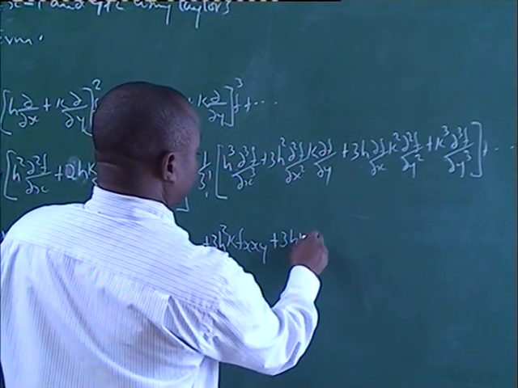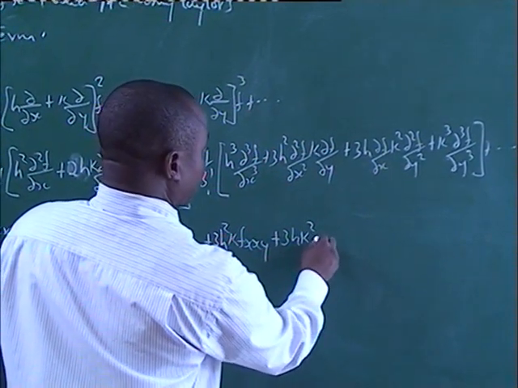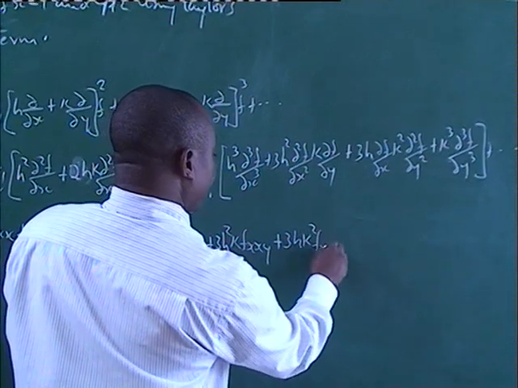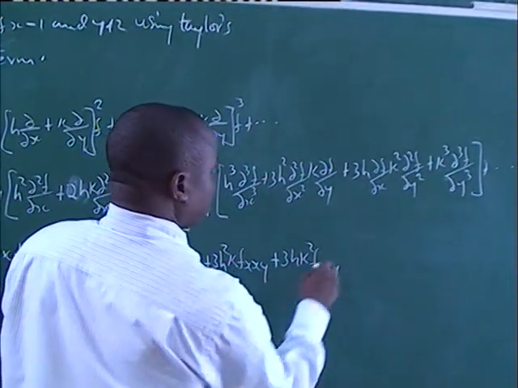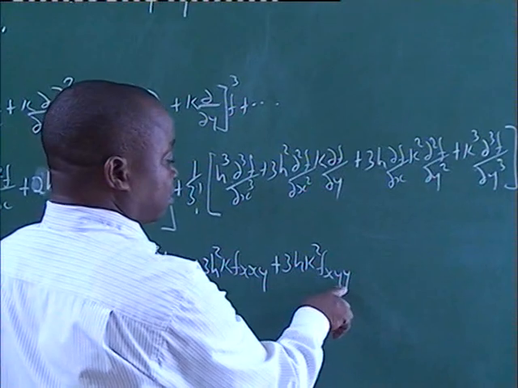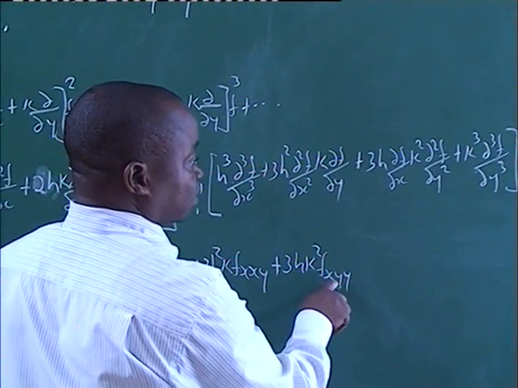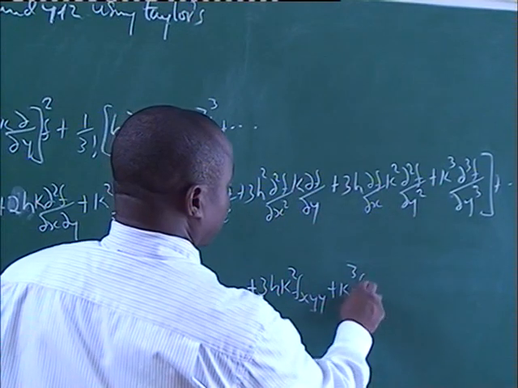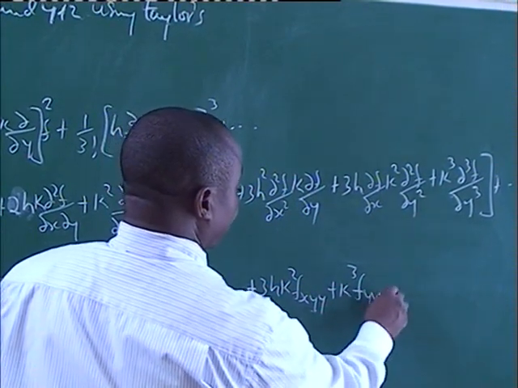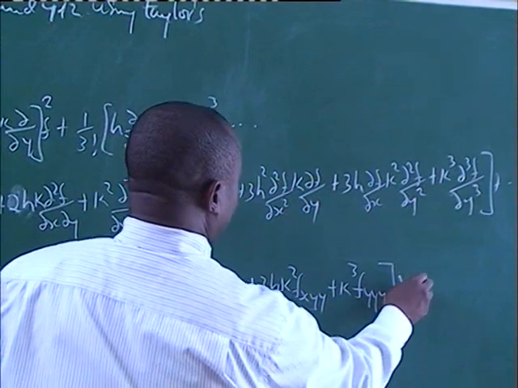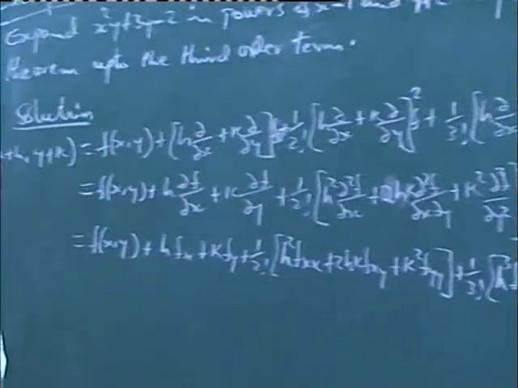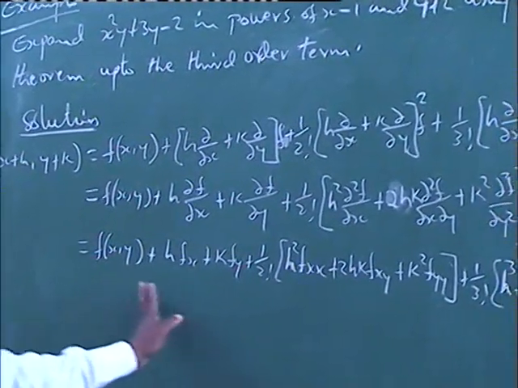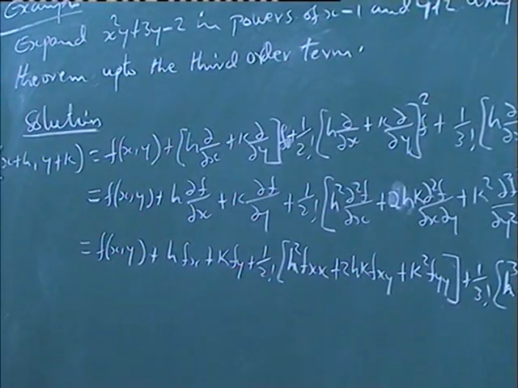We have h k squared, and then we have f(x) y is double, x is 1, so plus k cube. We have the third derivative of f with respect to y. Okay. Now that is what we will find. All these ones we will find them.